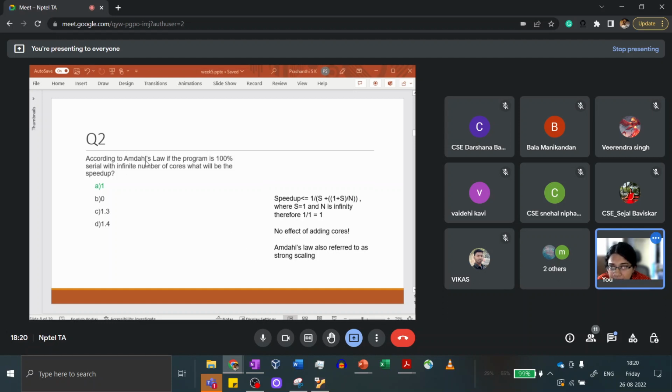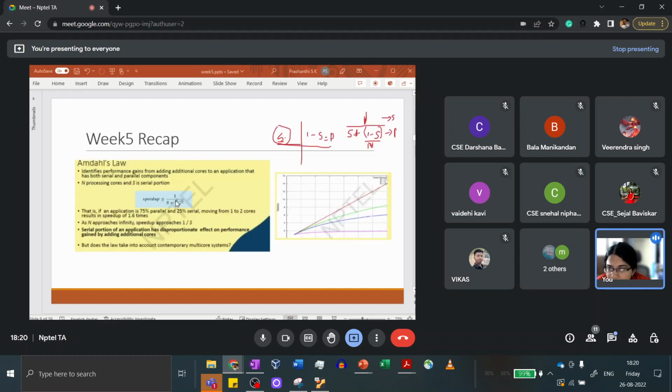And Amdahl's law is also more popularly referred to as strong scaling. I think there is a typo in this part of the formula. I will fix that. So let's go by this speed up formula for now. And the interesting thing to note here is that it doesn't say speed up equal to, it says speed up less than or equal to, as in this is a theoretical limit on speed up. The practical speed up that you get is oftentimes lesser than this, and it could be lesser for a variety of reasons.